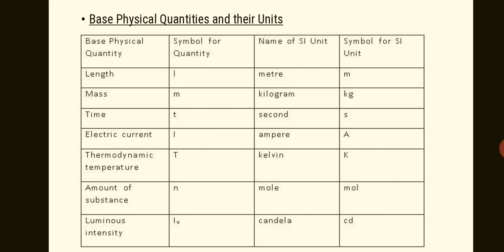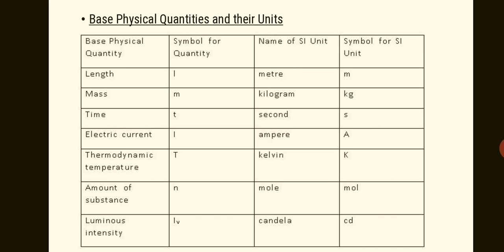First is length. Its symbol is small l and its SI unit is meter, and in short it is denoted by small m. Second is mass. It is denoted by capital M and the name of the SI unit is kilogram. The symbol for the SI unit is kg.